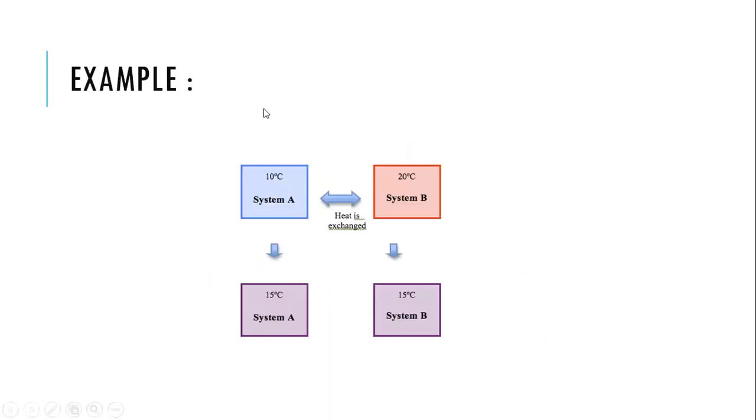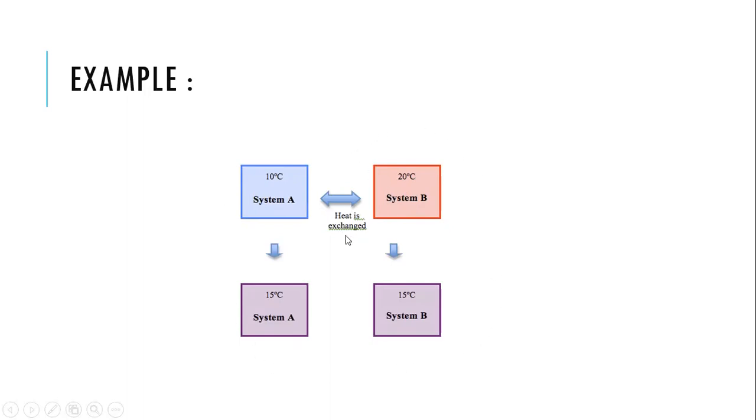Take two thermal systems with different temperatures. One is available at 10 degrees Celsius, the other at 20 degrees Celsius. Now the thermal bodies A and B are kept in contact with each other at room temperature. Two bodies are kept within the room temperature limit.